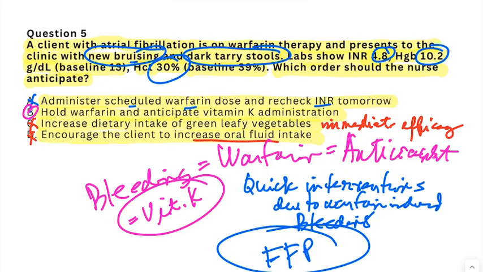Remember, vitamin K is going to take a while to work. If they want quick treatment for the warfarin-induced bleeding, the best answer is going to be fresh frozen plasma.